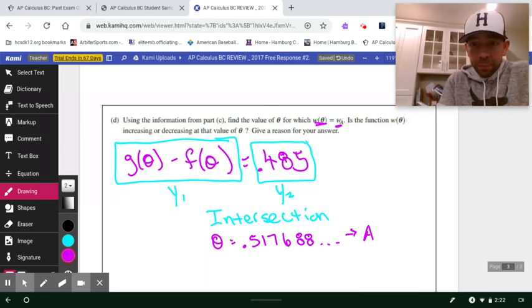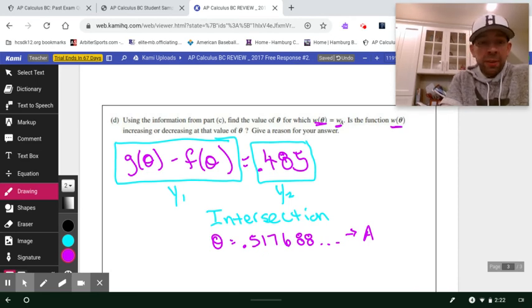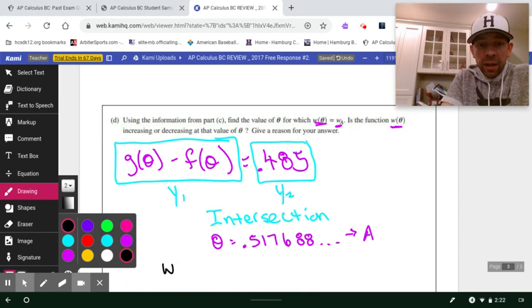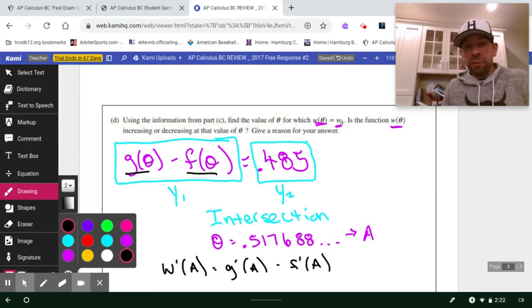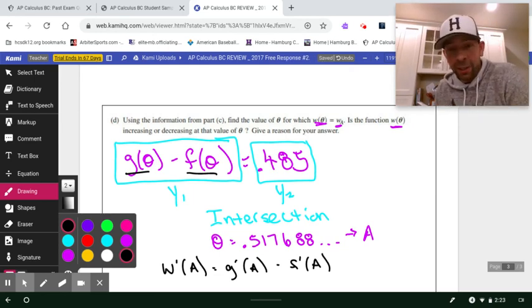So now they want to say, is W increasing or decreasing at theta? Well, that's all going to depend on whether W prime of A is positive or negative. Okay, so if I was to differentiate W, I would just get G prime of theta minus F prime of theta. So this would be G prime of A minus F prime of A. And again, I feel like a broken record. We're going to evaluate that on our calculator as well.